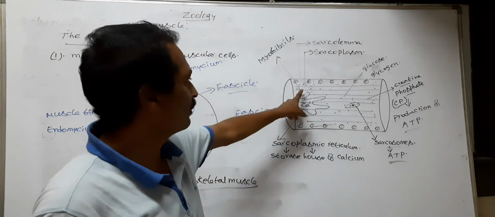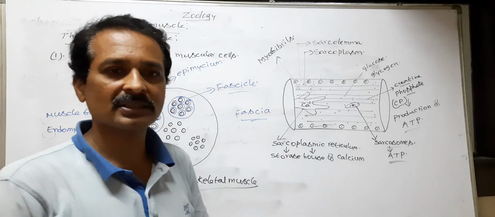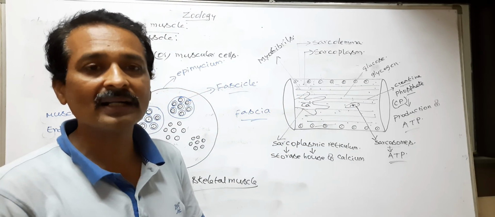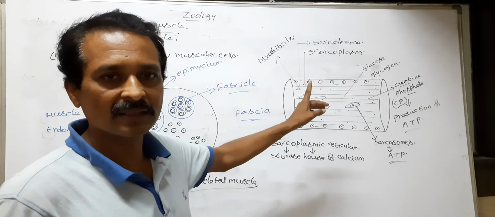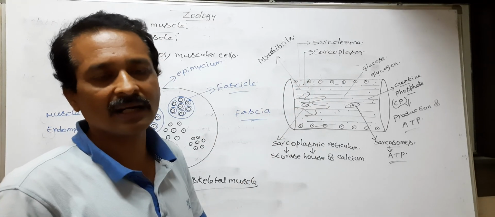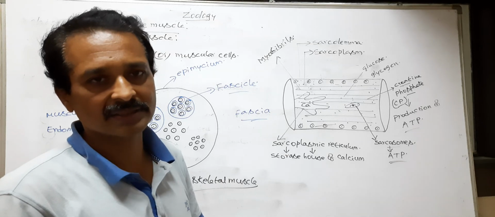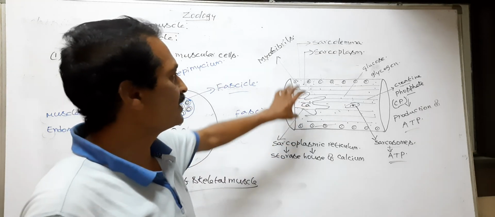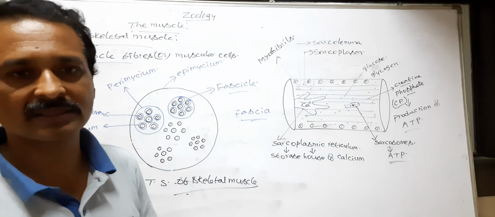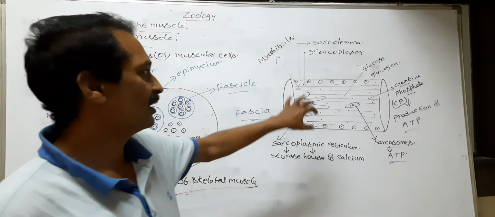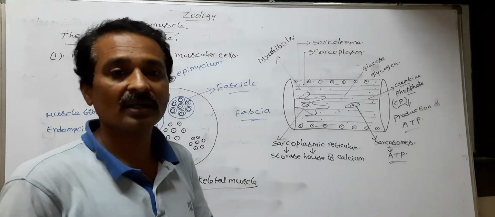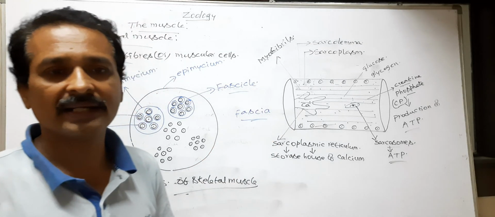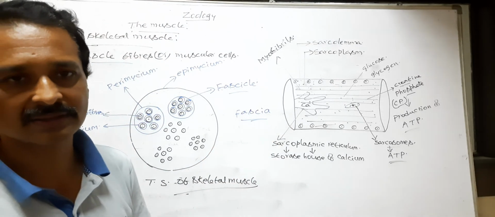So the myofibril contains regular alternate light I bands and dark A bands, which give dark lines on the skeletal muscles. So these are also called striped or striated muscles.